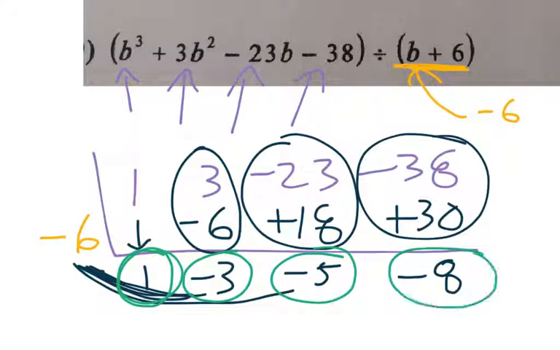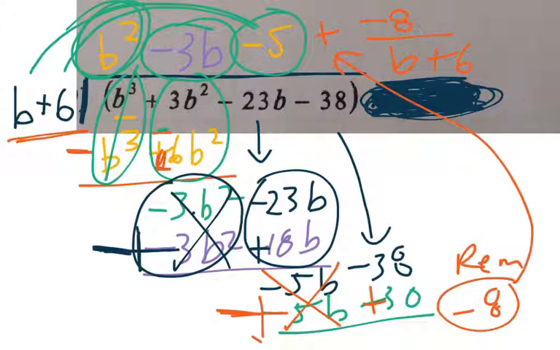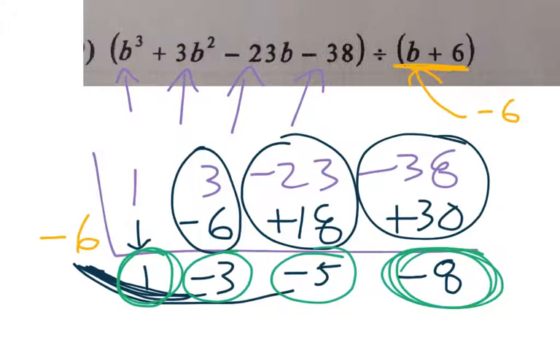And finally, my remainder is negative 8, which was my remainder right there. So again, what you're looking at right here, guys, is long division. Here it is synthetic. Notice how quicker and easier it is to do. You just need to do the practice, and we will practice this in class in the near future.